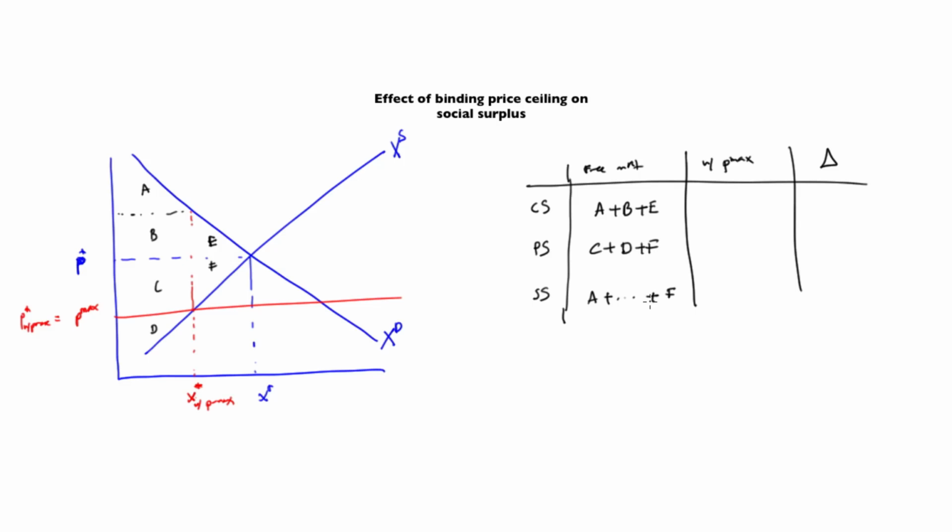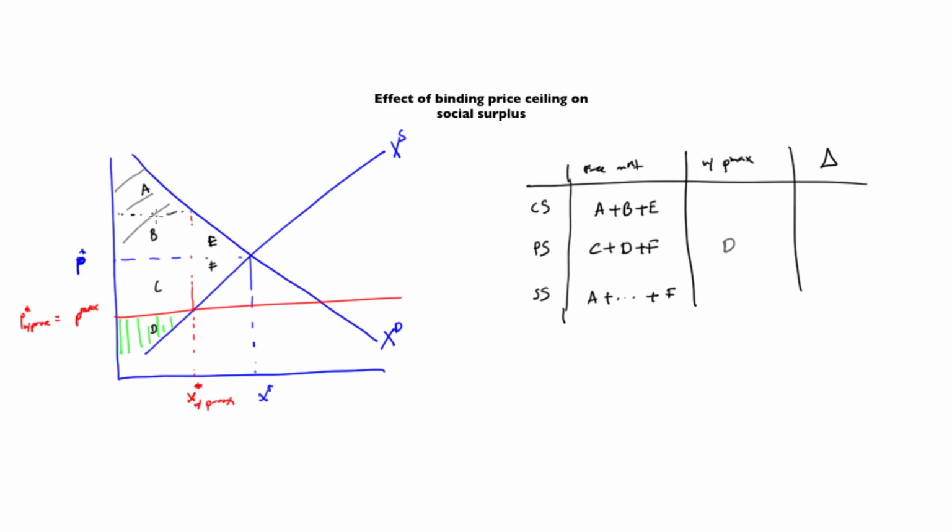Okay? Now what's more interesting is what happens after the policy is introduced. Notice now that the producers can only sell this many units at that price, so the producer surplus now becomes D. Now the consumers get this many units with these marginal benefits because of the efficient rationing rule, and they only pay this much.